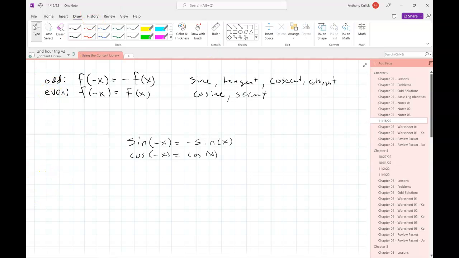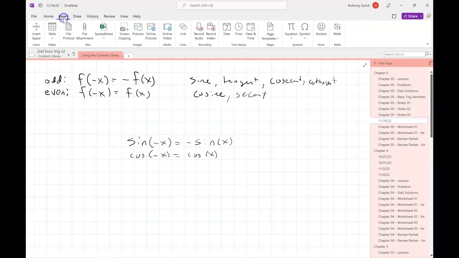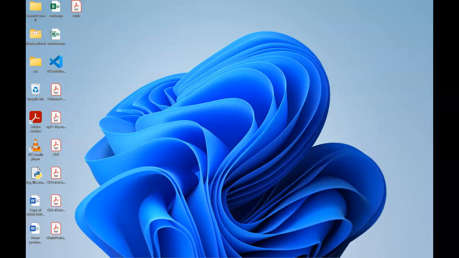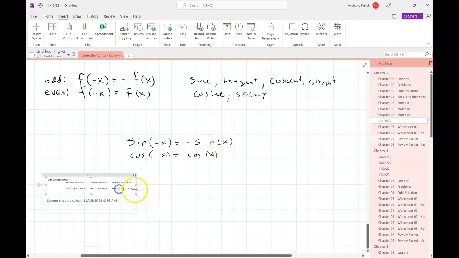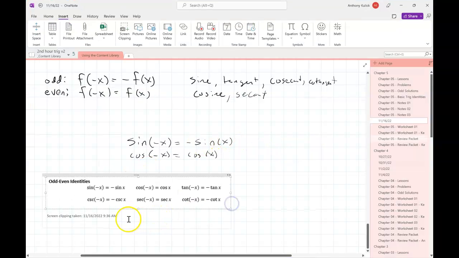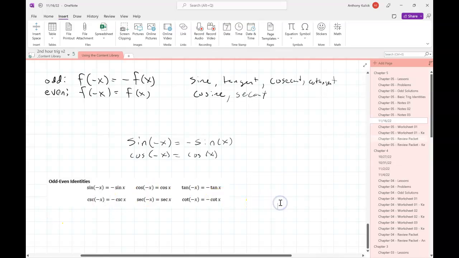And I can do that for each of the trigonometric functions based on whether they were odd or even. And that gives me the set of identities that we'll call the odd-even identities.